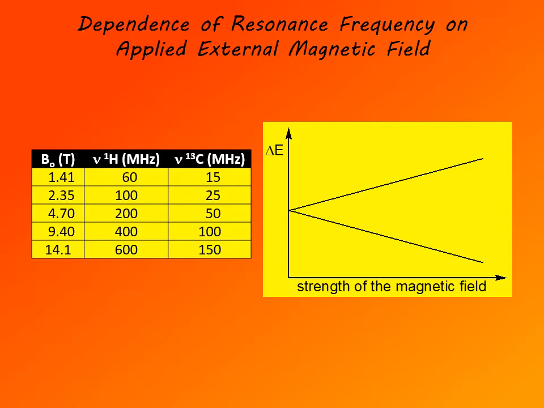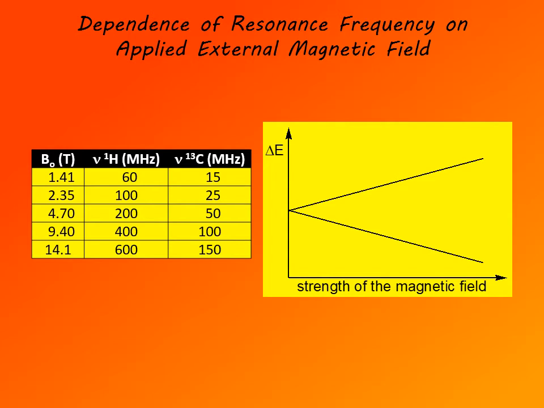NMR spectrometers, as you have seen from the terminology I have been using so far, are commonly designated by the frequency at which protons are in resonance, rather than by the strength of their magnetic field. So, for example, an NMR instrument is called a 60 megahertz instrument, 250, 600 megahertz instrument, even if we use that instrument to observe carbon-13 or other nuclei.